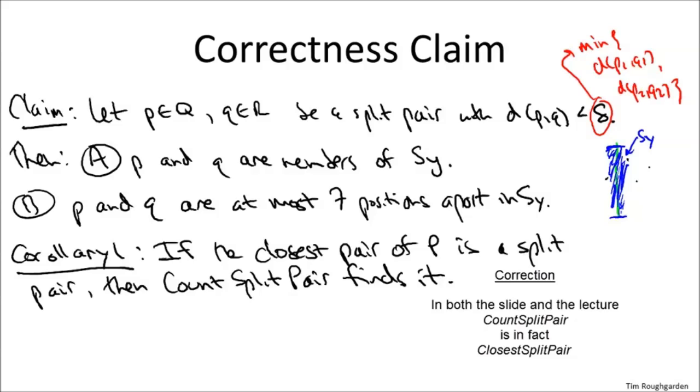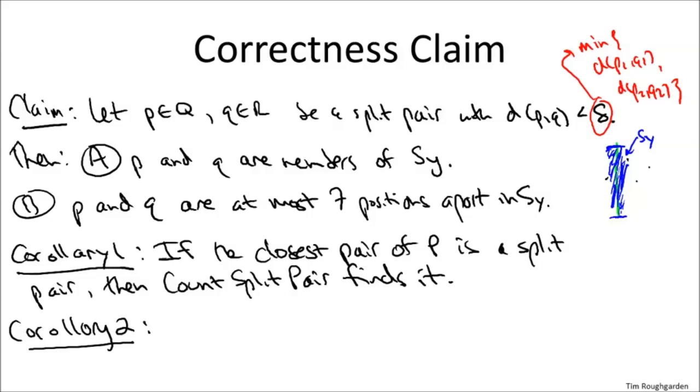Therefore, count split pair will examine all such split pairs, all split pairs with distance less than delta, and just by construction it will compute the closest pair of all of them. So again, in the unlucky case where the best pair of points is a split pair, this claim guarantees that count split pair will compute the closest pair of points.